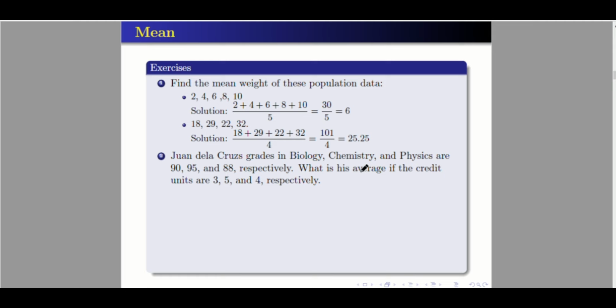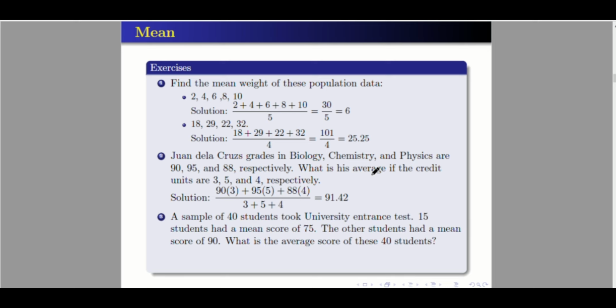So this is an example of a weighted average or weighted mean. The solution, of course, is the product of the weight and the data. So 90 times the weight 3 plus 95 times the weight 5 plus 88 times 4, divided by the sum of the weights. We have 3 plus 5 plus 4, which is equal to 91.42.